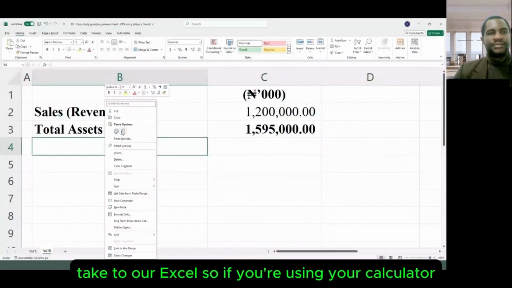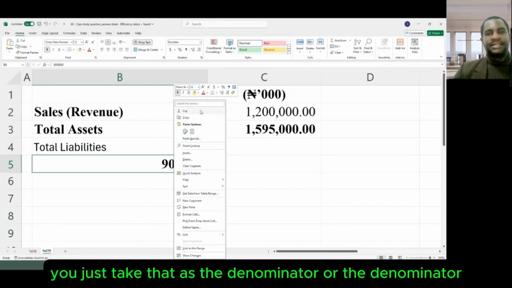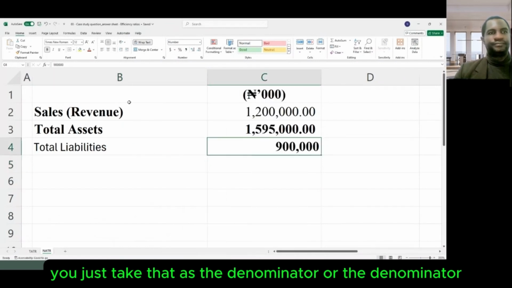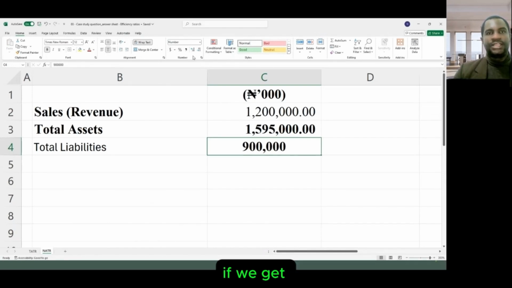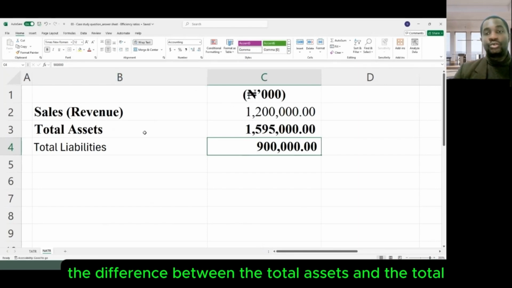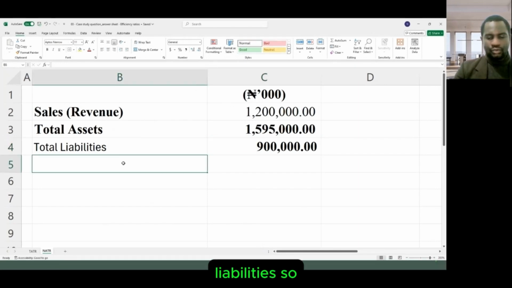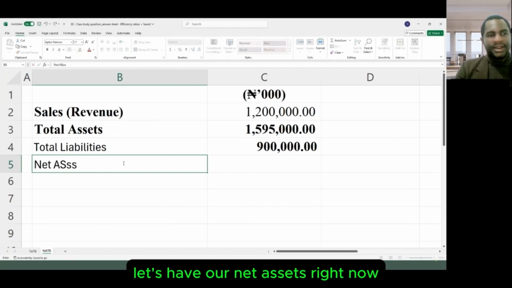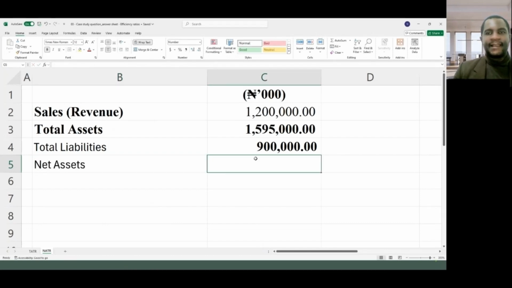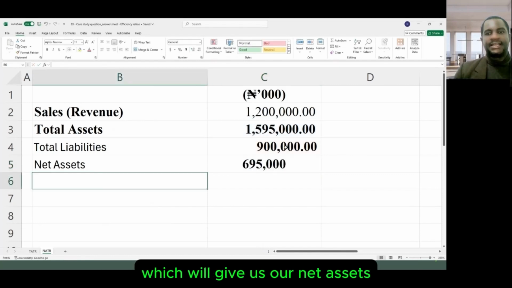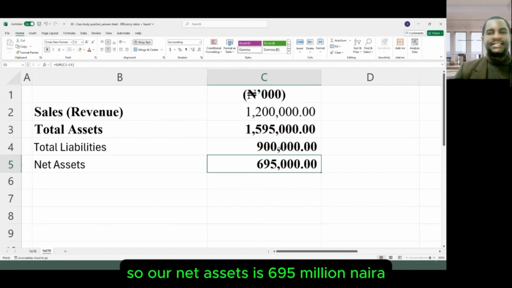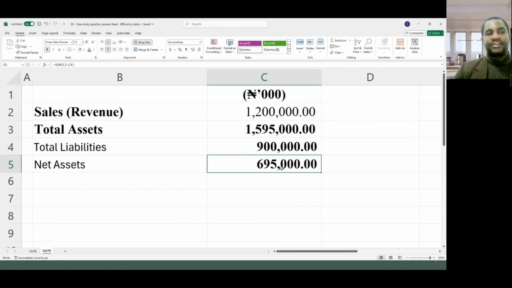If you're using your calculator, you just take that as the denominator, of course, if we get the difference between the total assets and the total liabilities. So let's have our net assets right now as our total assets minus our total liabilities. So our net assets is 695 million naira. Very simple to calculate.